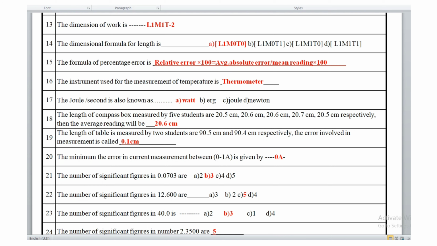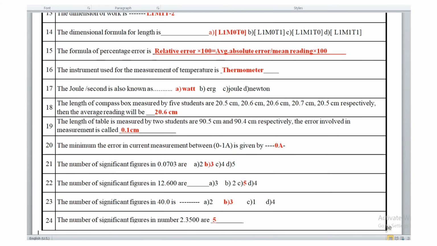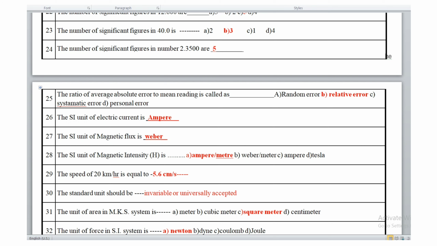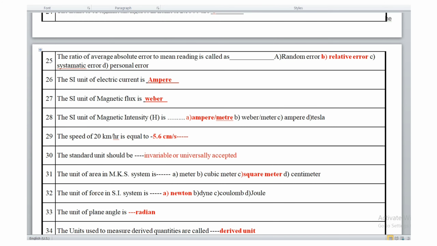The number of significant figures in 40.0 is 3. In question number 24, the number of significant figures in 2.3500 is 5. Question number 25, the ratio of average absolute error to mean reading is called relative error.